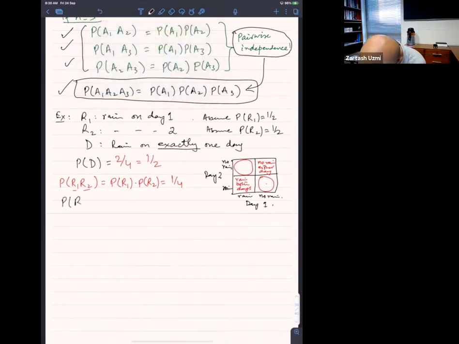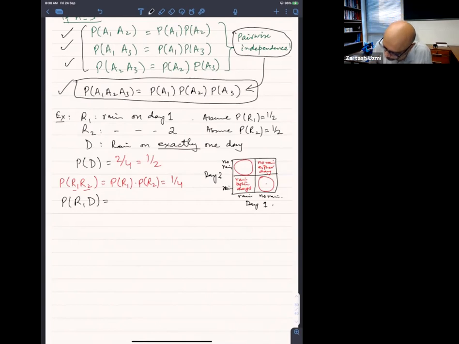Probability of R1 and D. What is this probability? Answers in the chat window. Exactly एक दिन बारिश हो और पहले दिन बारिश हो. R1 and D. कोई आंसर नहीं?